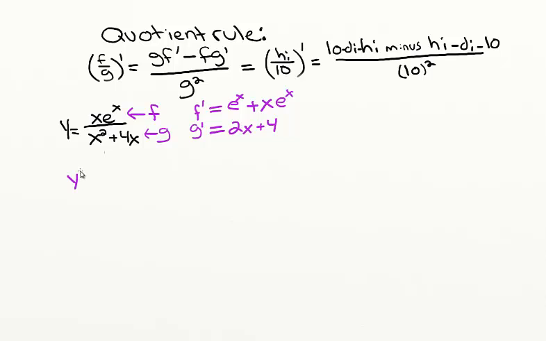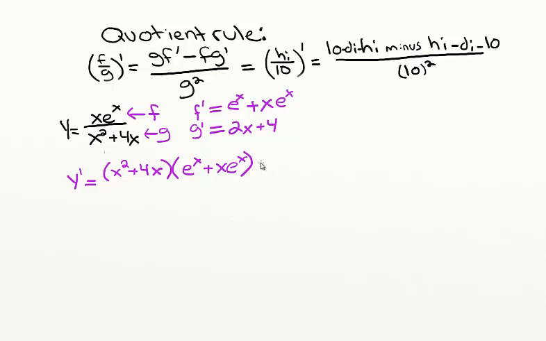So now we get y prime, and that's by the quotient rule, is equal to, well, our low d high is first. That's g times f prime. So our g is x squared plus 4x, and then that's our low, so our d high is our f prime, which we know is e to the x plus x e to the x.